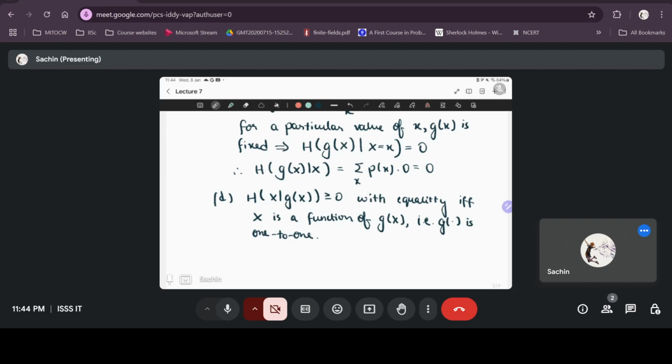So X is a function of g of X. Let's say that function is f. So X is equal to f of g of X, which would imply that f and g are inverses of each other.